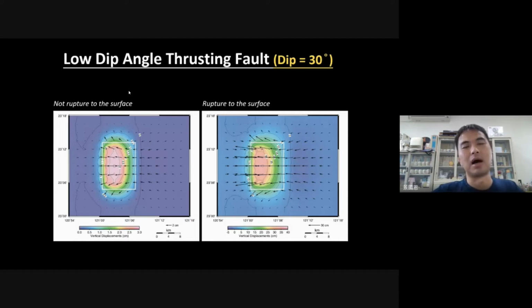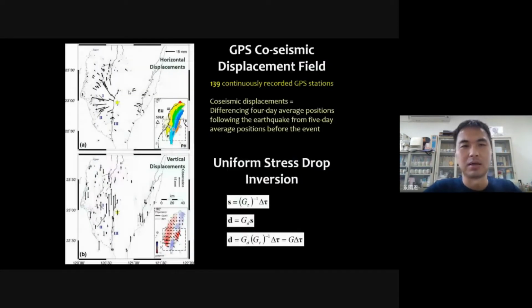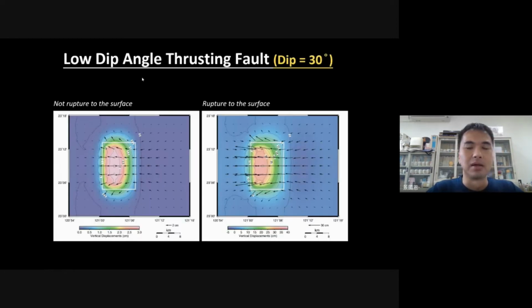Okay, but how do we know what kind of faults cause this surface deformation? Here I'd like to show you several cases.